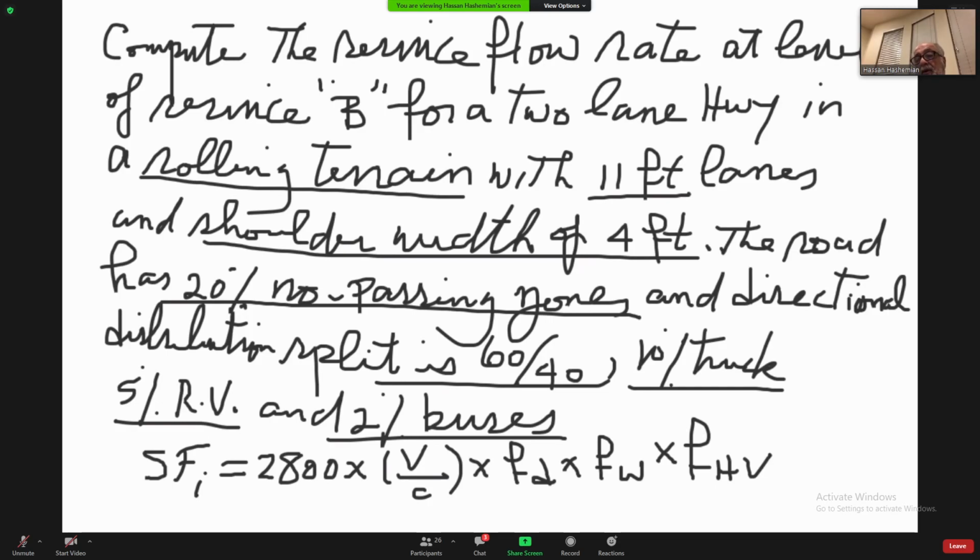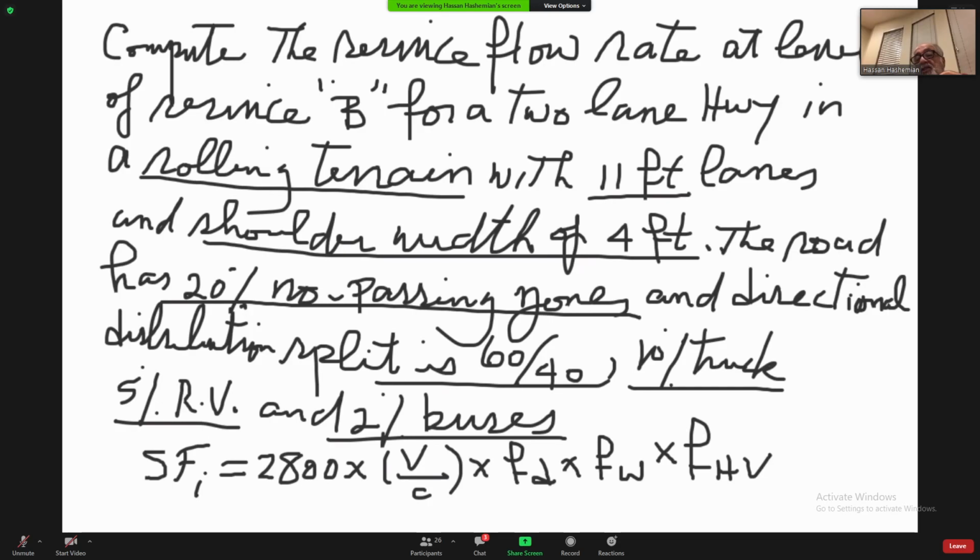If you remember, if the lane width was 12 feet or more and shoulder was 6 feet or more, the F sub W is equal to 1 because it would be ideal condition. But that's not the case here. Your lane width is 11 feet and you have a 4 feet shoulder, which is less than 6 feet. So your F sub W is going to be less than 1 when we figure it out.